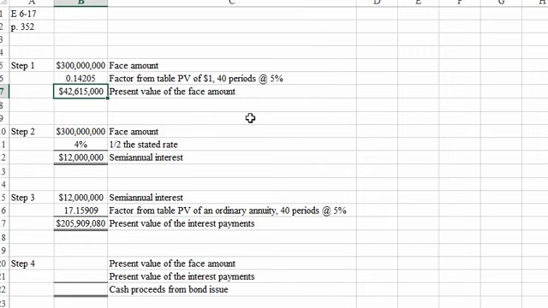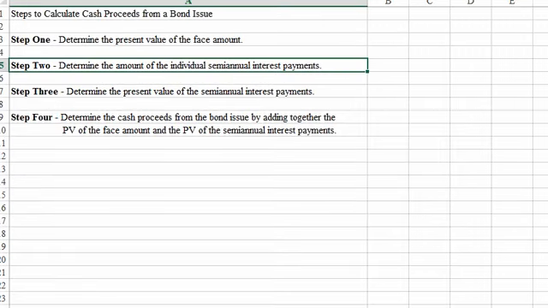That $300 million in today's dollars is only worth $42,615,000. The $12 million every 6 months for 20 years is worth $205,909,080 today.